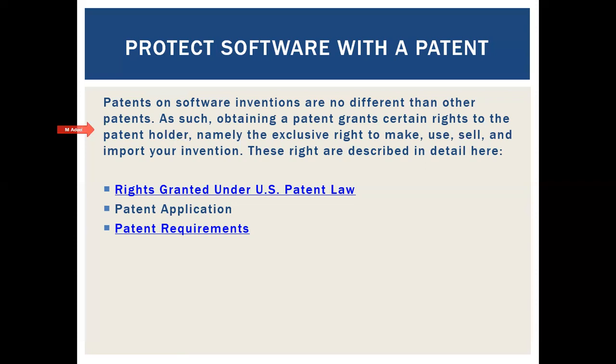These rights are described in detail under United States patent law. You obtain these rights only after significant cost, and only after the application has been examined and the patent office agrees that a patent should be granted on an invention.